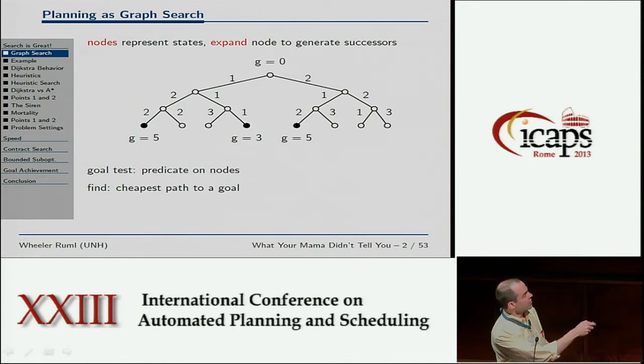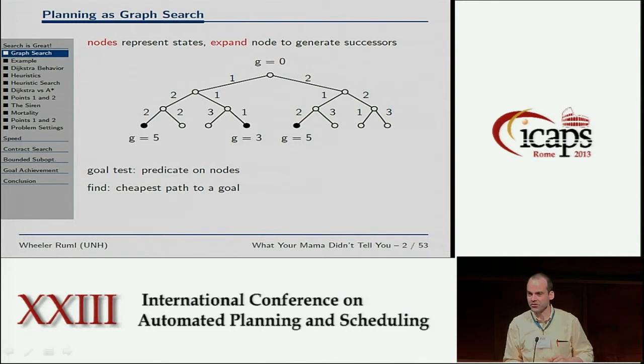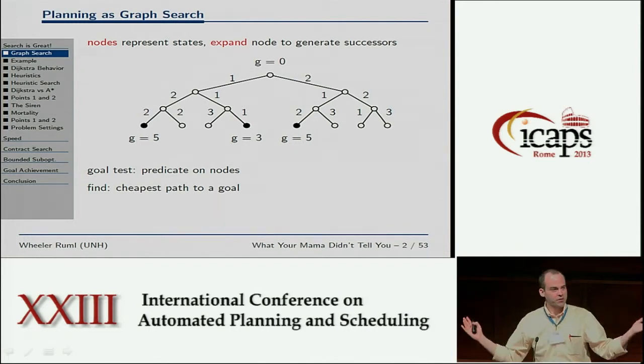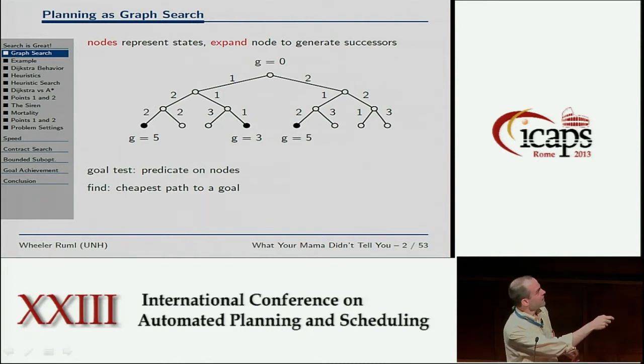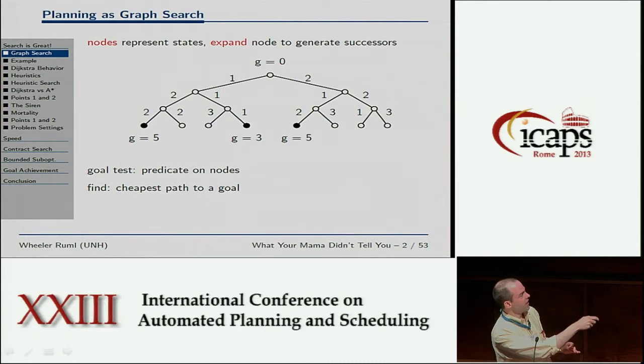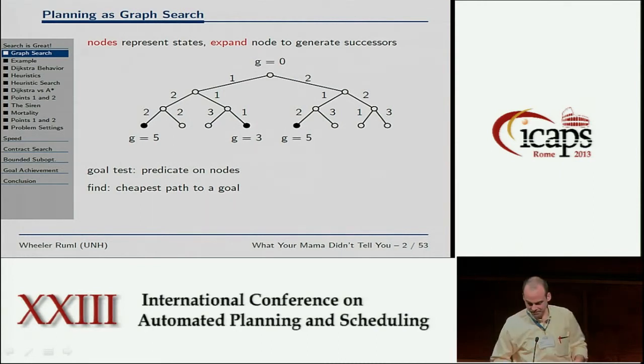We're going to call the cost of reaching a node its G value. We start off at the root with a G value of 0, because it's free to be where you are. Then as we go down the tree, we accumulate cost, and this goal, for example, has a G value of 3 because it costs 3 to get there, whereas an alternative path may cost more. So this is the optimal goal for this problem.